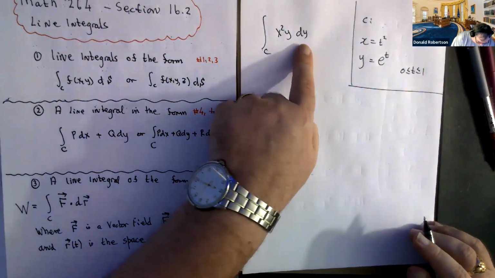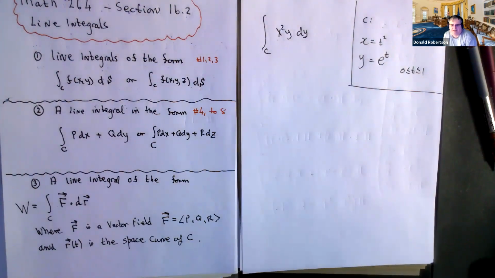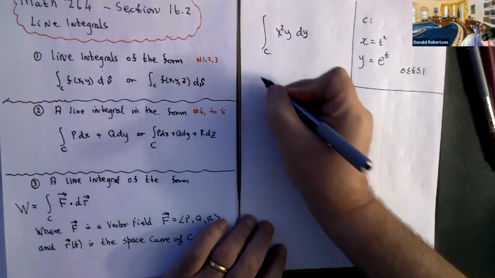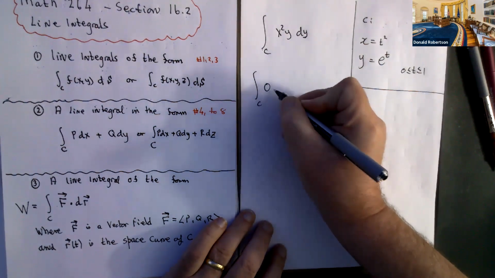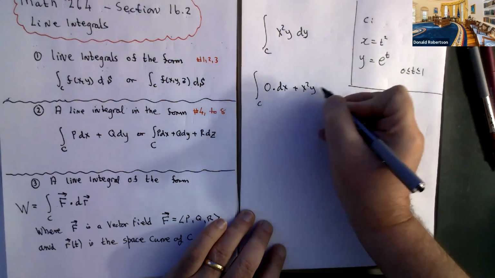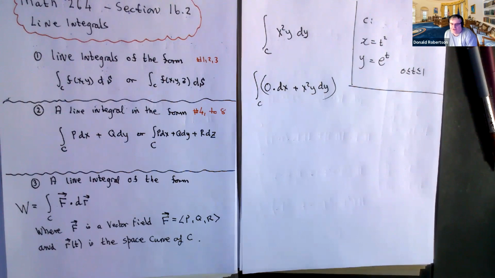And this line integral looks almost like Calc 2, but it's not. Technically speaking, this is what we've got. Do you see the dx part isn't there because there's 0 of it?